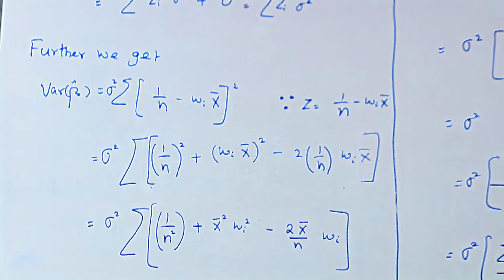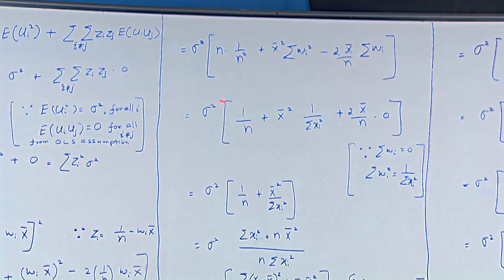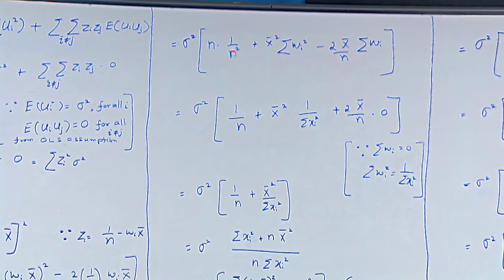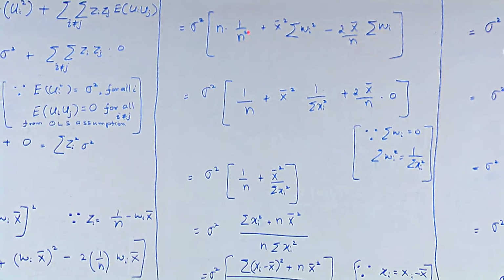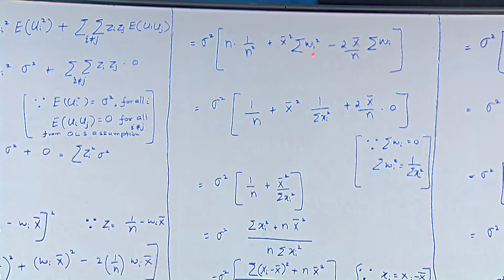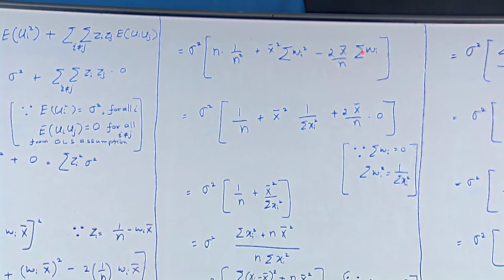So this sigma can be taken in. We are taking sigma inside, and we get n into 1 by n square plus x bar square into sigma wi square minus 2x bar by n into sigma wi.